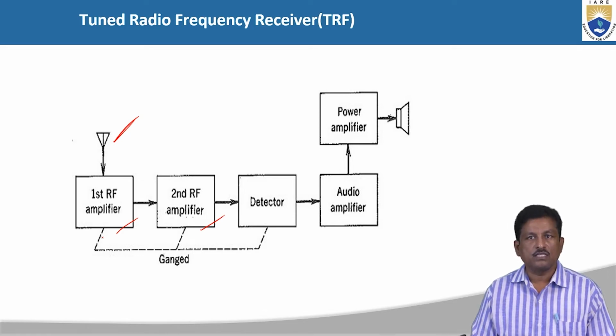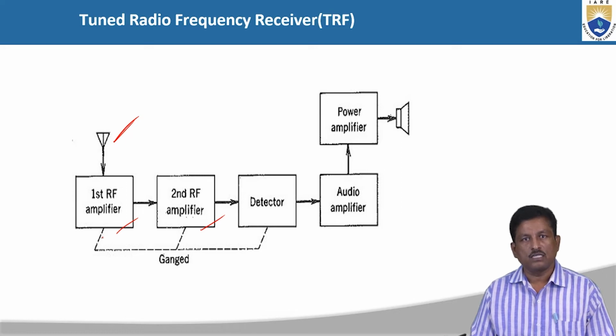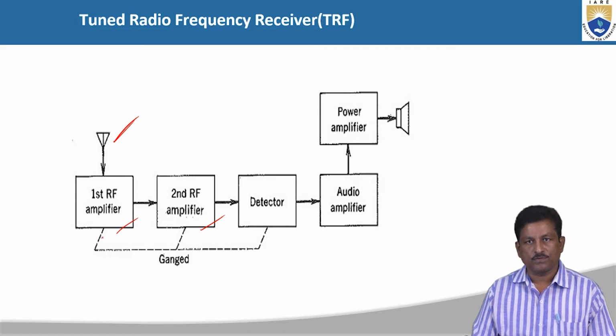While traveling, the signal may be affected by the atmosphere or internal effects, so there is a chance of getting a weak signal. The transmitted signal is strong, but after traveling a long distance it becomes weak. To increase the strength of the signal, we have to use the RF amplifier.